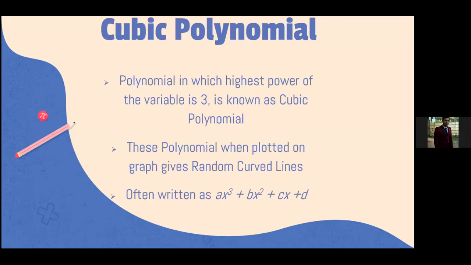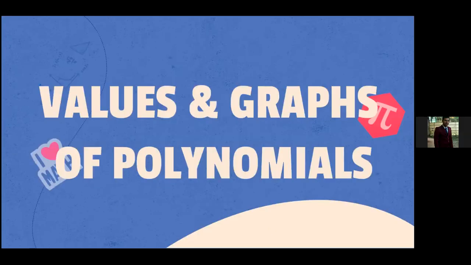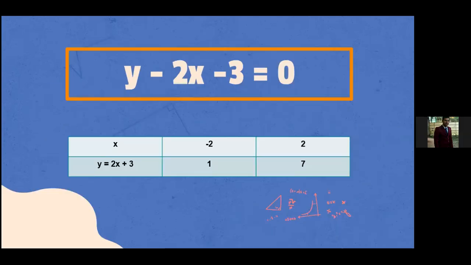For further explanation, I would request Suraj to continue. So now we will see the value and graph of a polynomial. As you can see, we have taken one linear polynomial, y minus 2x minus 3, and its zeros.